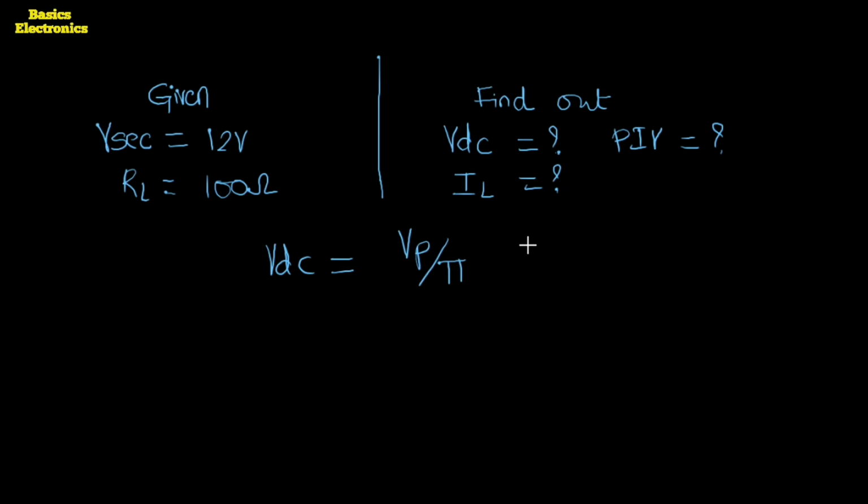Here the secondary voltage of the transformer is given, and that secondary voltage is 12 volts. If you know the various values of the AC, then you can easily solve this example. But here I am going to tell you what the AC values are.